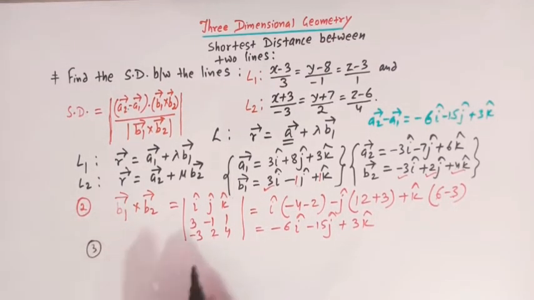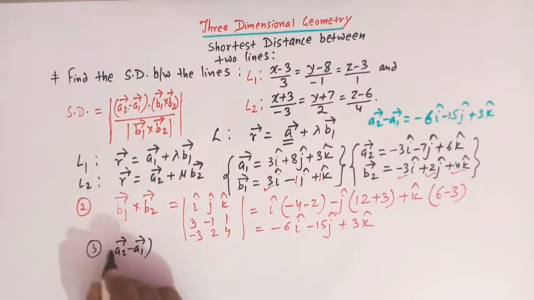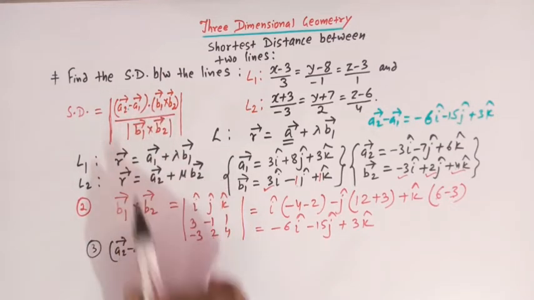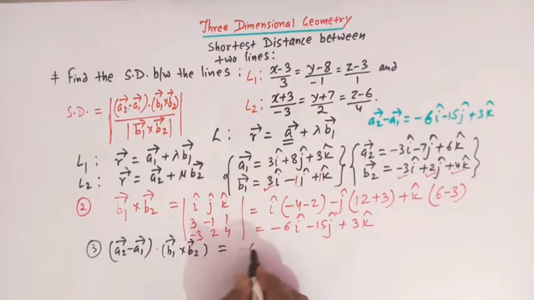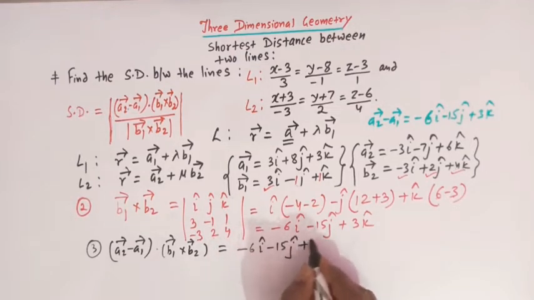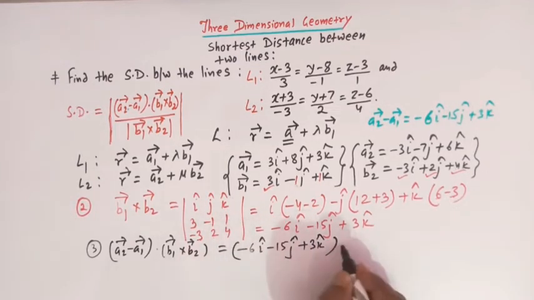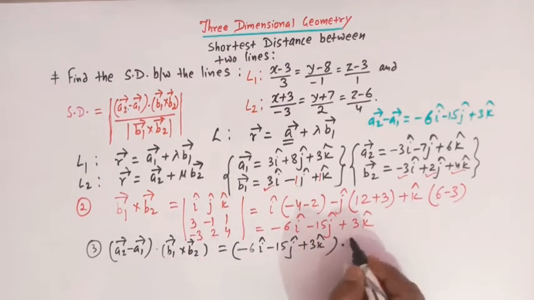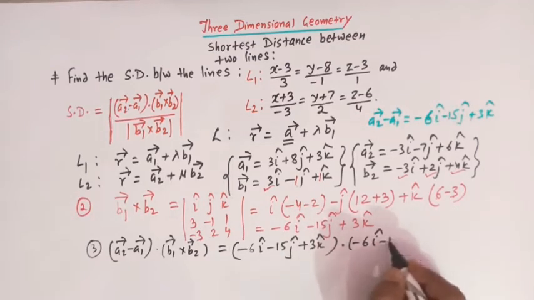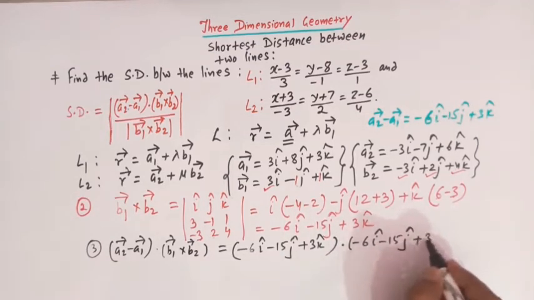Now let us find out the dot product of a2 minus a1 with b1 cross b2. Vector a2 minus vector a1 is given by minus 6i cap minus 15j cap plus 3k cap. And this vector, that is b1 cross b2, is given by minus 6i cap minus 15j cap plus 3k cap.